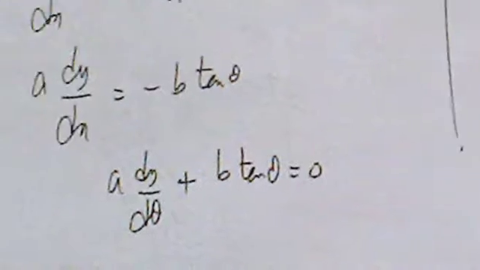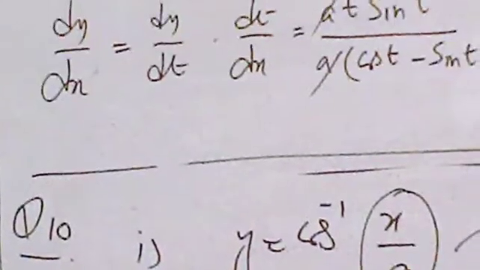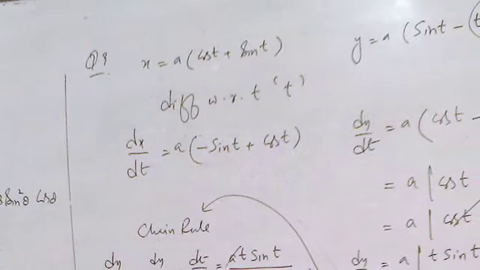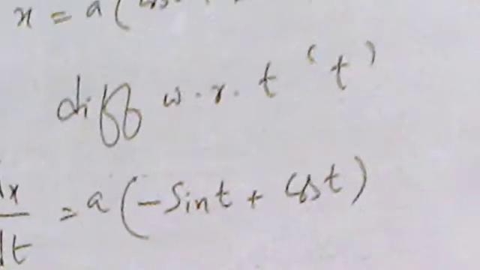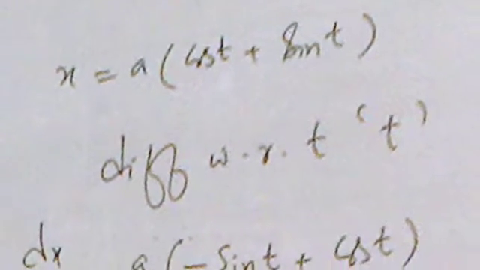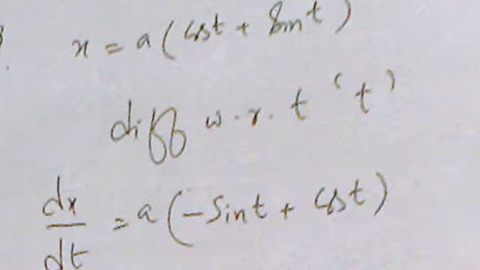Required condition to prove. Now in this question we have x equal to a times cos t plus t sin t and y equal to a times sin t minus t cos t. We differentiate both of these with respect to t. When we differentiate x, the derivative of cos is minus sin t and the derivative of sin is cos t.